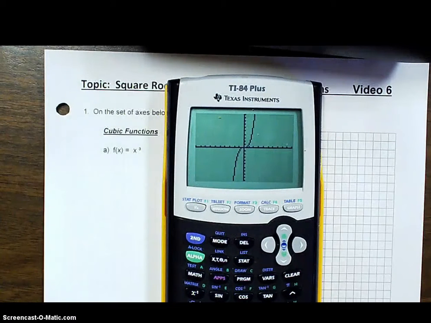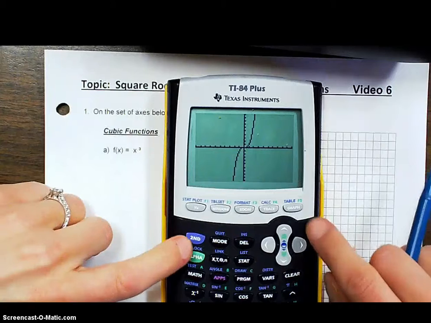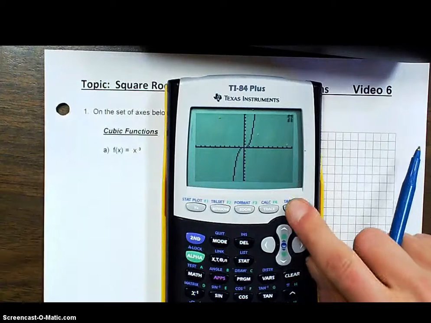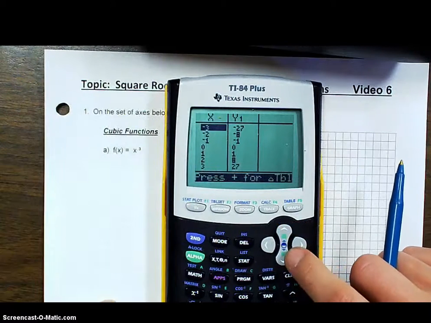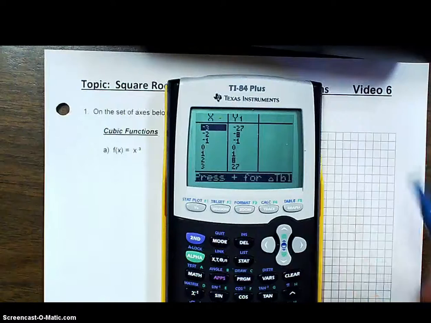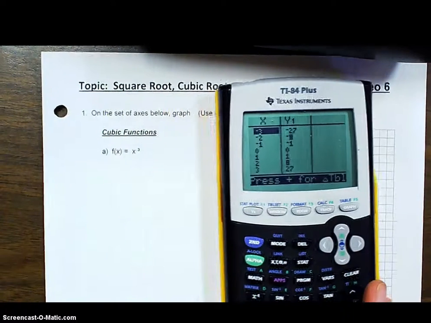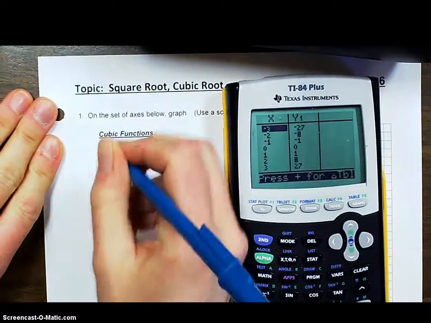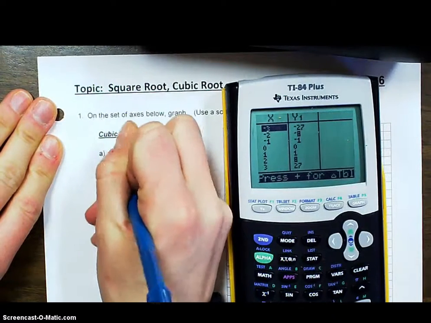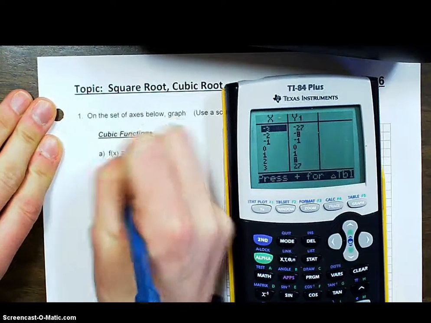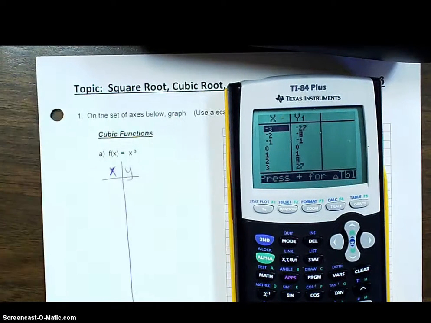In order to graph this, we're going to have to find some values that we can graph. So I'm going to hit second graph. Looking carefully, I've got some pretty large numbers, so it looks like we're going to have to use a scale to get this to fit. Just like when we graph our other functions, we want a couple of negative x values and a couple of positive x values.